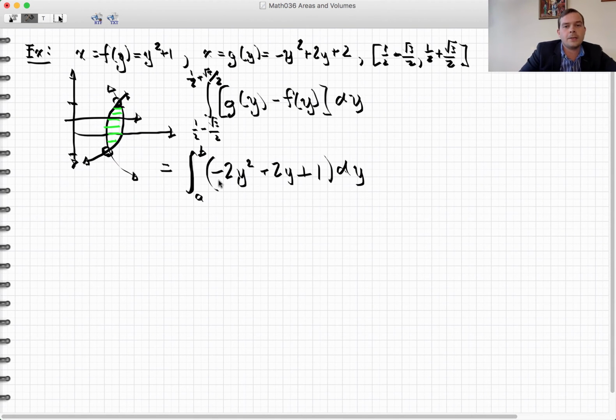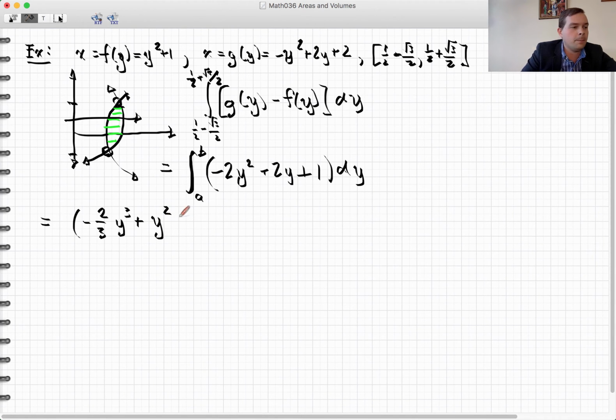And so I know that the antiderivative of this thing is going to be minus 2/3 y cubed plus, we'll get a 1/2 times 2y squared, so that'll ultimately give me y squared.